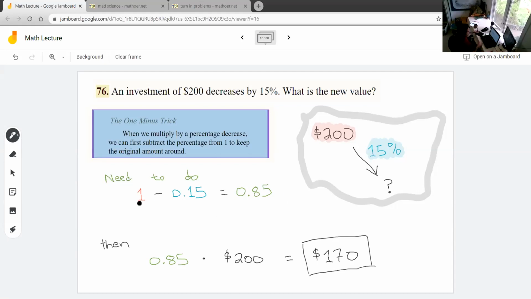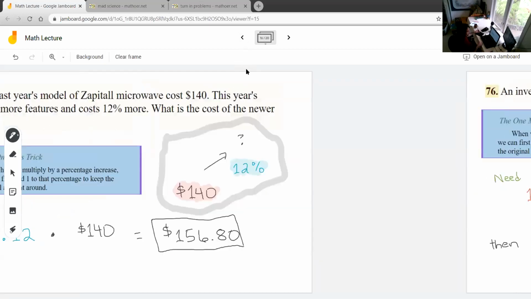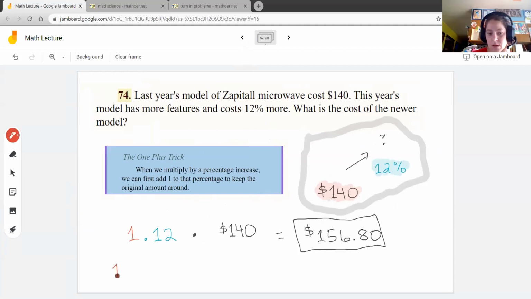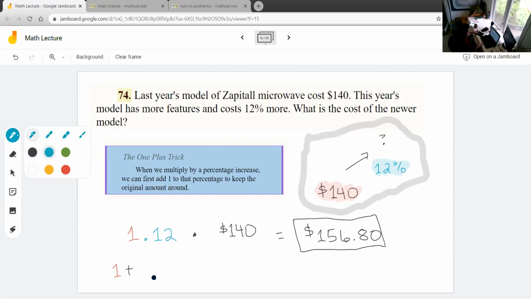So here we have a 1 minus the 0.15. Last slide, we had a very similar thing. This was a 1 plus a 0.12. And the plus meant going up. It's just that 1 plus 0.12 is so easy, we could just put the 1 in front. Does that make sense?